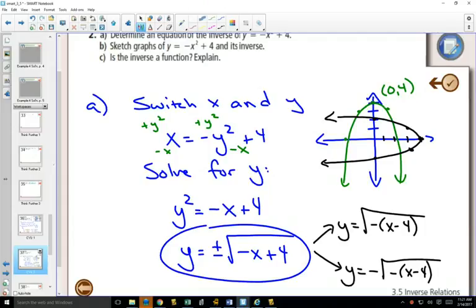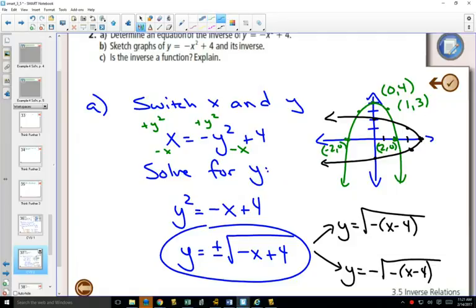Can you see that you could have also used your points to graph both of those? What do we know about our original green graph? Our original green graph has 0, 4. It has 1, 3, 2, 0, negative 2, 0. What's going to happen with the inverse? We're going to switch the x and the y values.